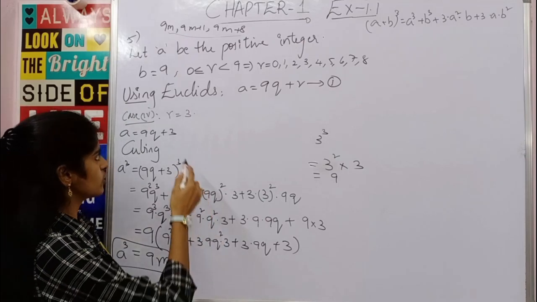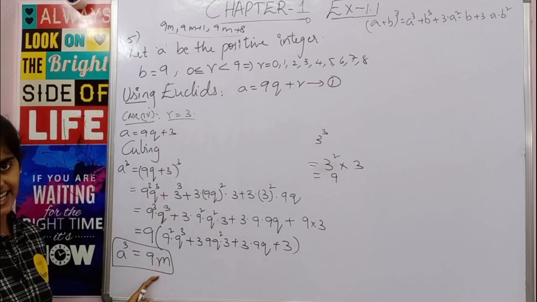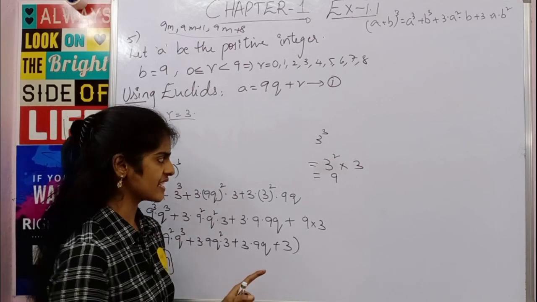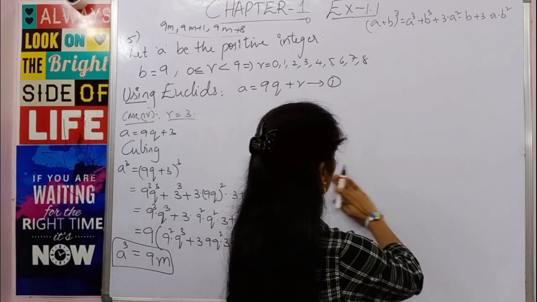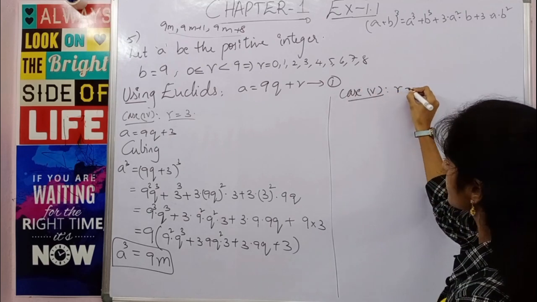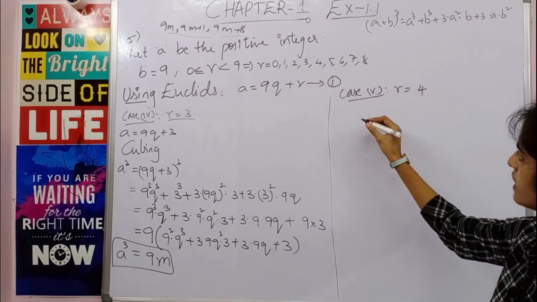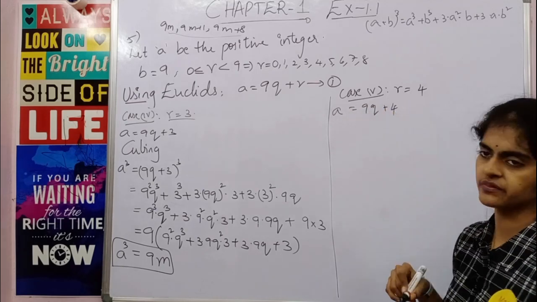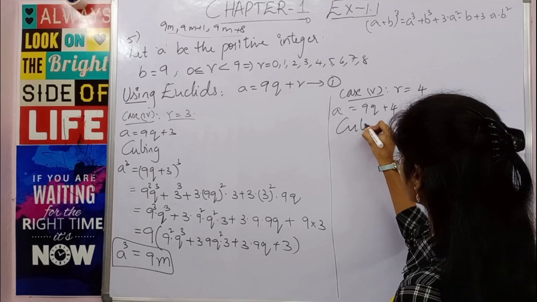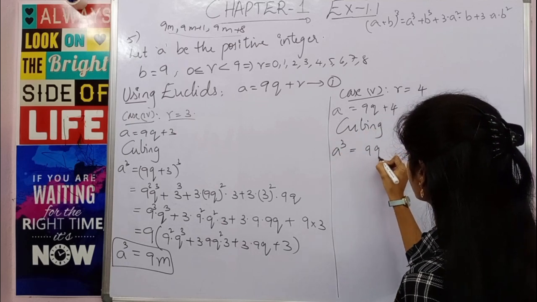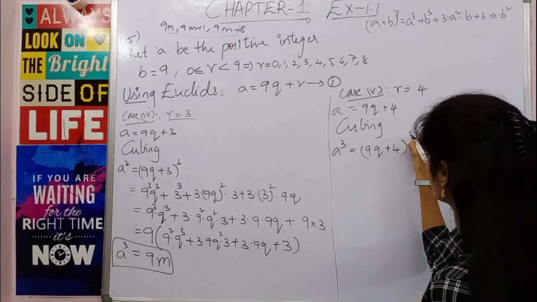Clear? When you took r equal to 0, you got 9m, and when you took r equal to 3, now also you are getting 9m. Now let us check for the next case also to clarify. Case 5, when r equal to 4. So what happens? A equal to 9q plus 4. Now cubing on both the sides, you get a cube equal to 9q plus 4 whole cube.